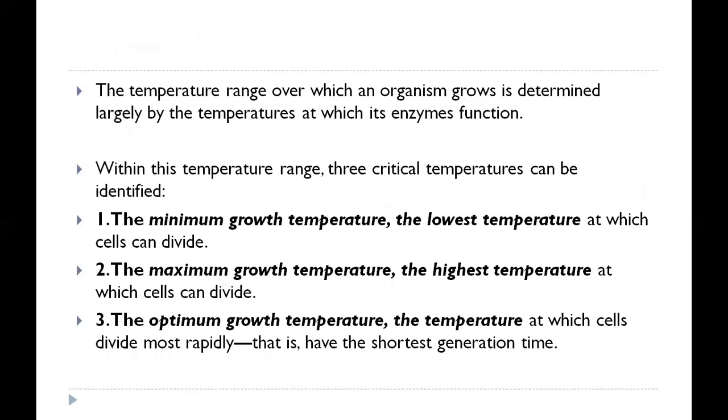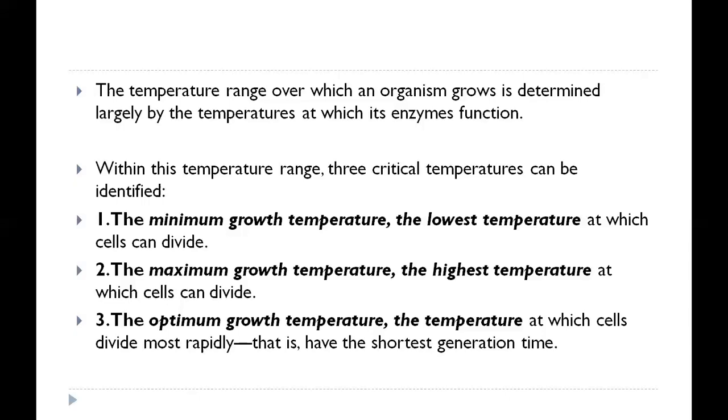Within these temperature ranges, there are three critical temperatures identified: minimum growth temperature, or the lowest temperature at which cells can divide. Then comes maximum growth temperature, or the highest temperature at which cells can divide. And then there is optimum growth temperature, or the temperature at which cells divide most rapidly.